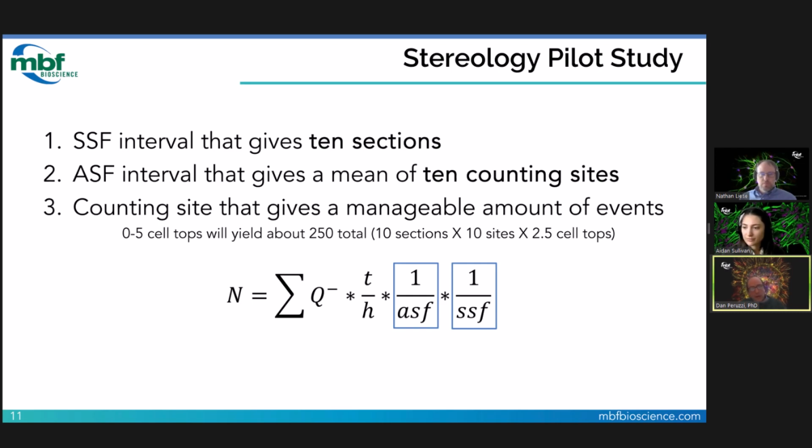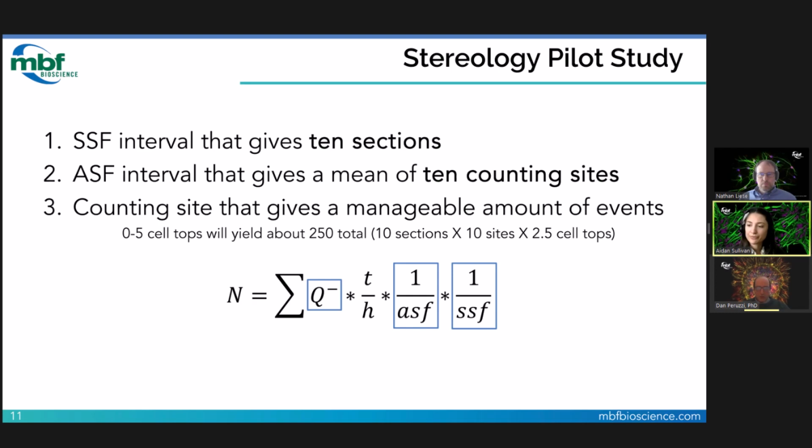So 0 to 5 cell tops will yield about 250 cell tops total. That's 10 sections times 10 sites times 2.5 cell tops. So we're looking for a Q minus, in other words, the number of cell tops that you have marked, of about 250.